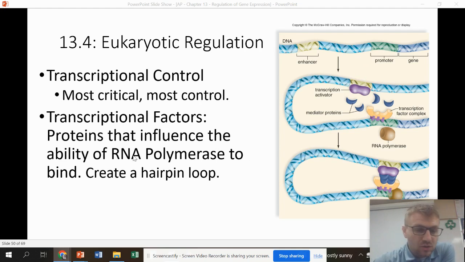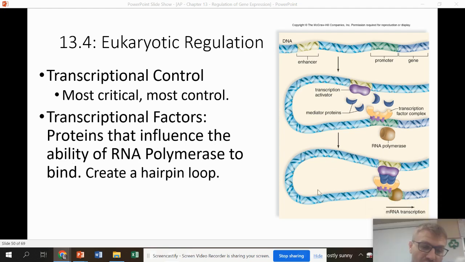We have things called transcription factors, and these are proteins that are going to regulate how much gene expression there is, or how much protein is produced, by controlling if RNA polymerase can bind to certain genes. You can see here we have these transcription factors. They can either activate or deactivate RNA polymerase to produce an mRNA sequence.